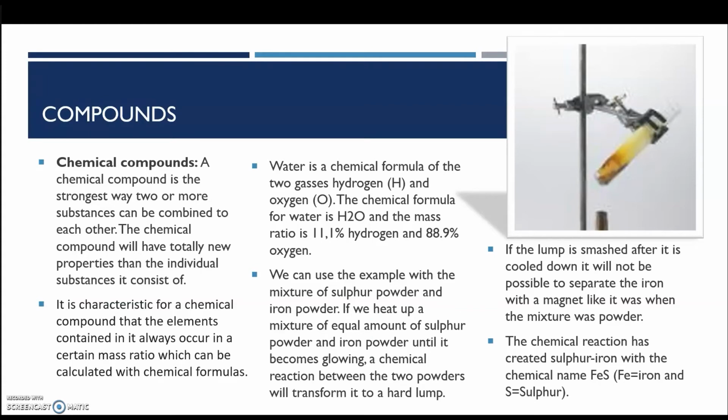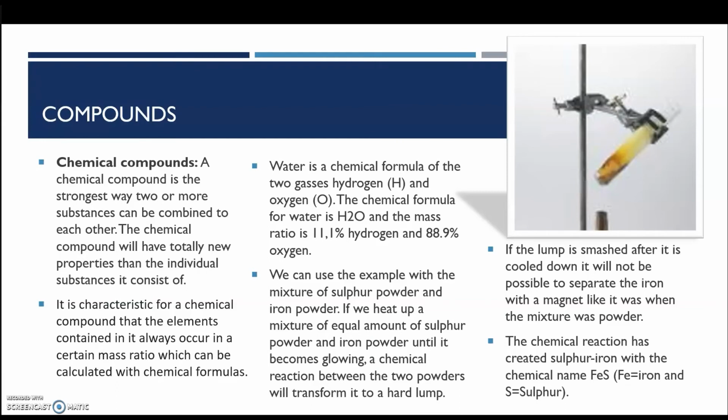Water is a chemical compound of the two gases hydrogen and oxygen. The chemical formula for water is H2O, and the mass ratio is 11.1% hydrogen and 88.9% oxygen.